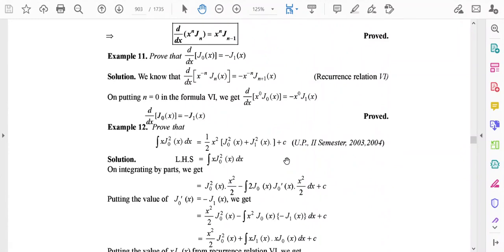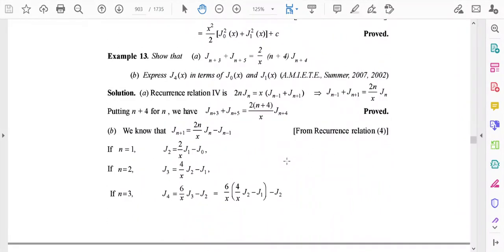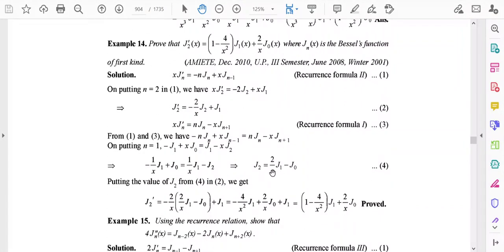Using formula 4, we can show that J2 = (2/x) J1 - J0. I am again explaining that here J2' = -(2/x) J2 + J1, which we have already shown using formula 2. So J2 can be expressed as (2/x) J1 - J0 directly from formula 4.